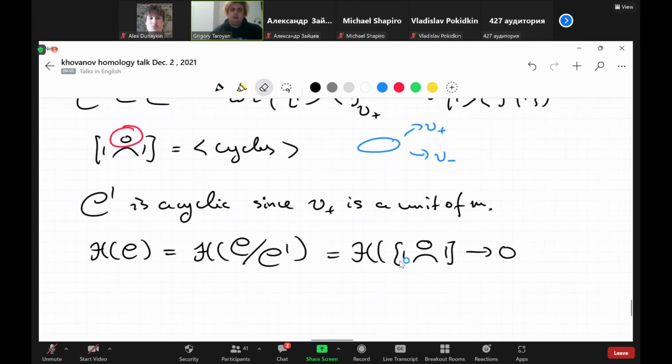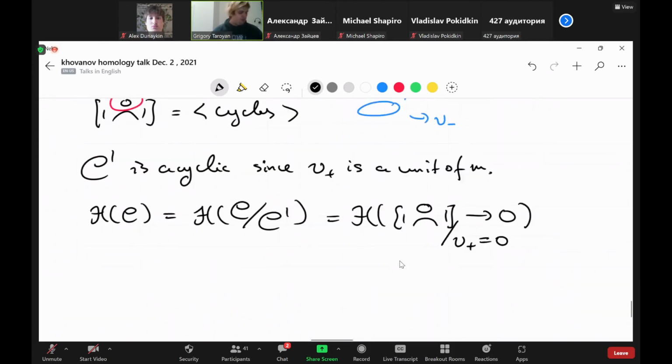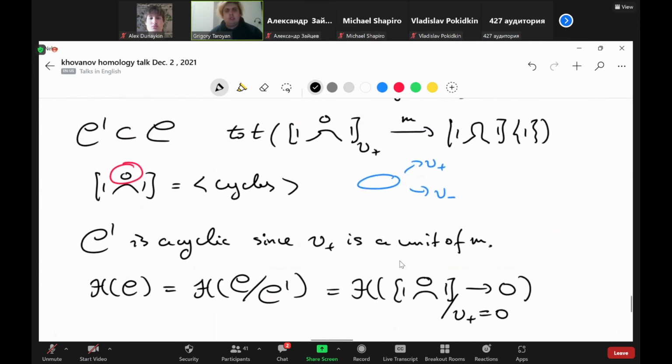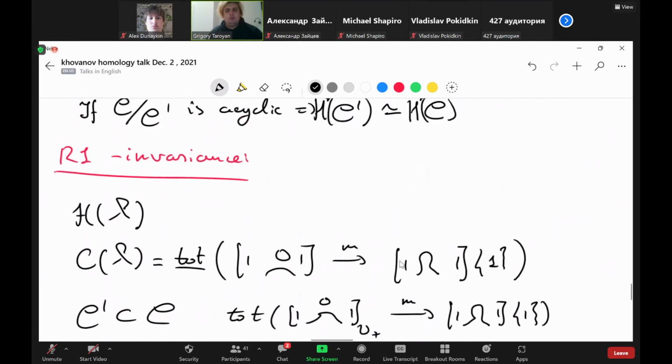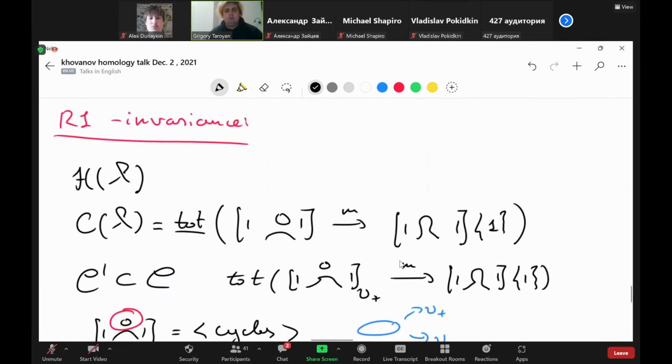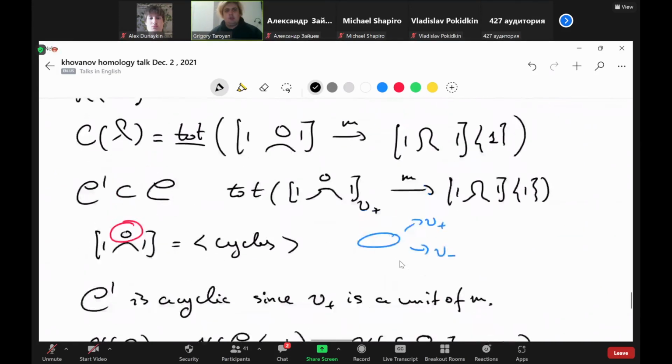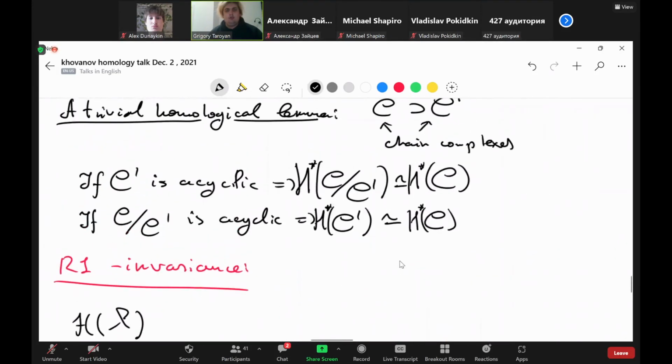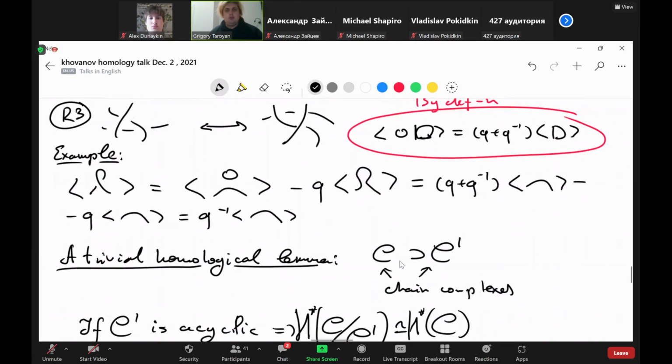Sorry once again. Yeah, and here we should mod out by V plus. So we say that V plus should be equal to 0. Okay. So this thing right here, I think, completes the proof of the fact that homology of this thing is invariant under Reidemeister's moves.